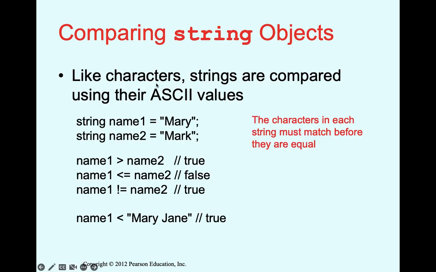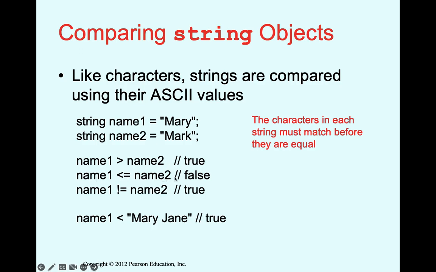So same like ASCII code, we can also compare strings. For example, if string name1 is Mary, string name2 is Mark. Okay. So name1 is greater than name2. This is true, because in Mary, Y is greater than K. So M is the same as M, A is the same as A, R is the same as R, but Y is greater than K. So this is true.